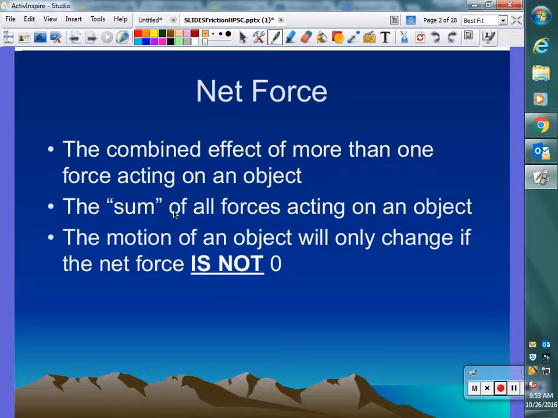But something that we have to keep in mind, the motion of an object will only change if the net force is not 0. That last statement, the motion of an object will only change if the net force is not 0, is a summary of what concept that we've already introduced so far in this unit?